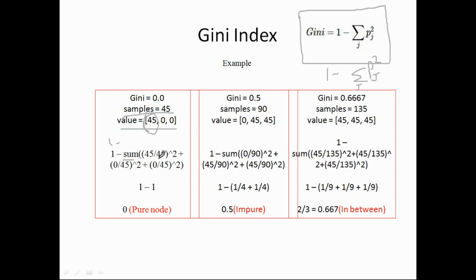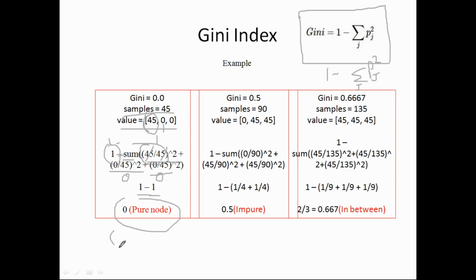The probability is 1, 45 out of 45. And for B, 0 out of 45, for C, 0 out of 45. So 45 by 45 becomes 1, and this becomes 0 and this becomes 0. So 1 minus 1 will be 0.